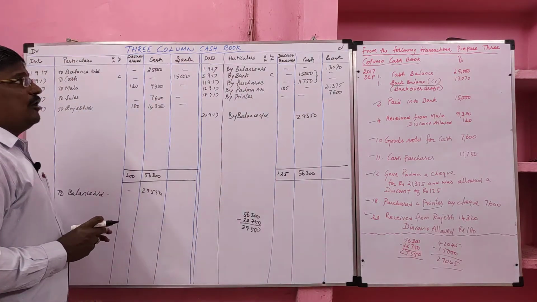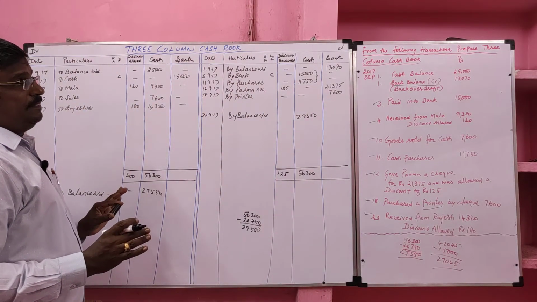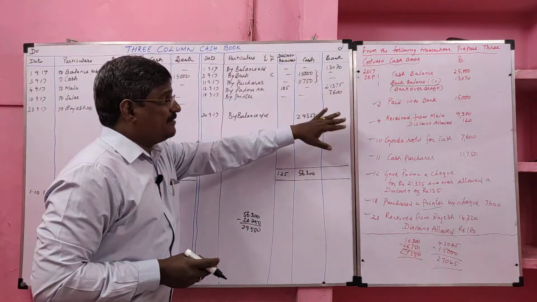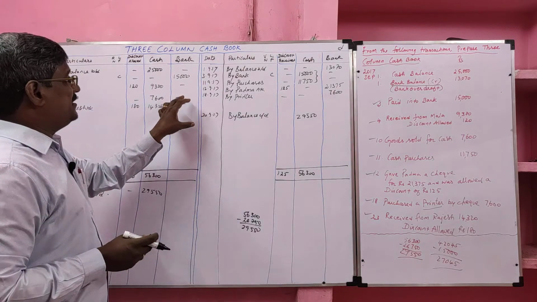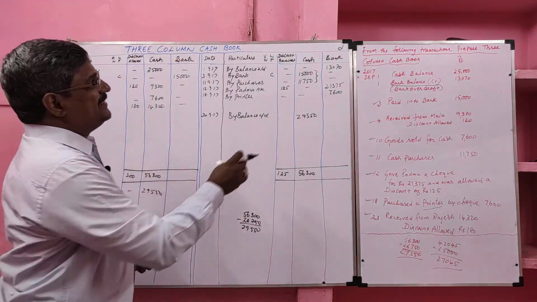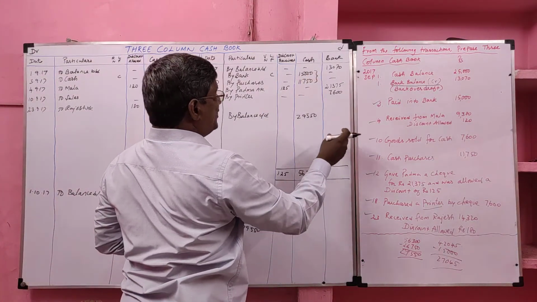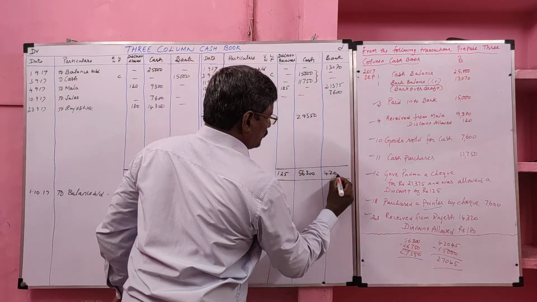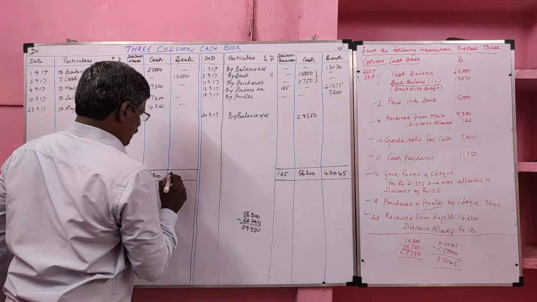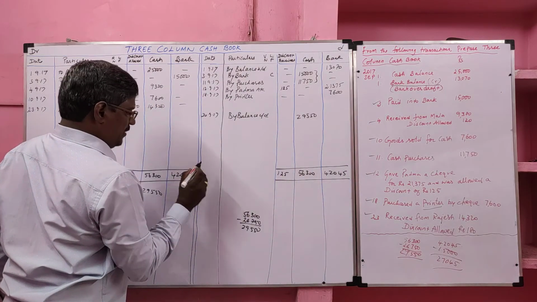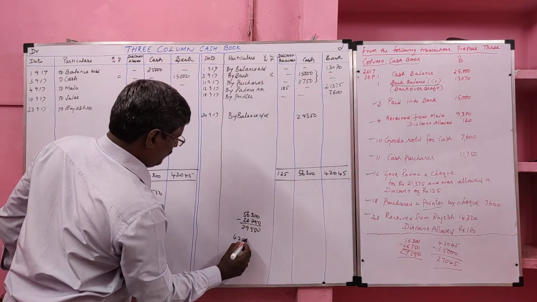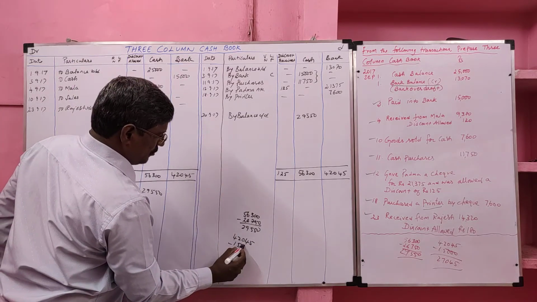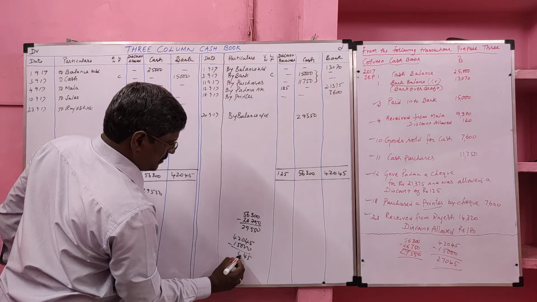But in the bank column we should be very careful. Sometimes the debit side value is heavier than the credit side, sometimes the credit side value is heavier than the debit side. In this case, the credit side bank column value is heavier than the debit side. Total already calculated, 42,045. So 42,045 minus debit total 15,000.